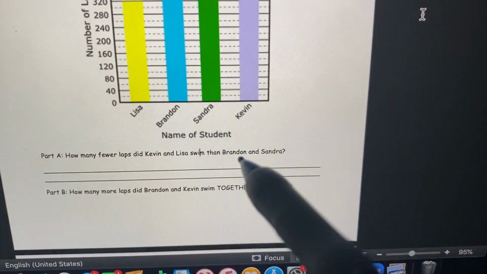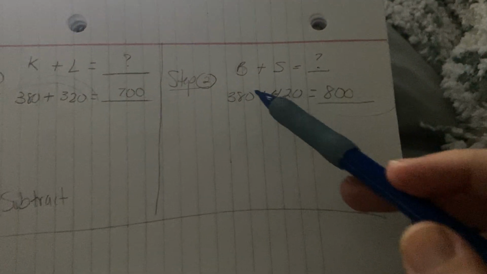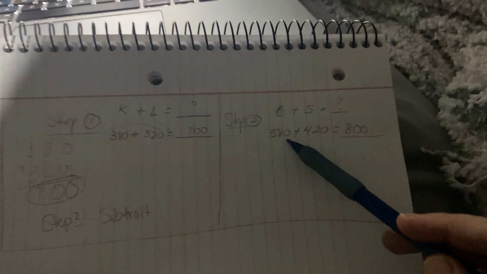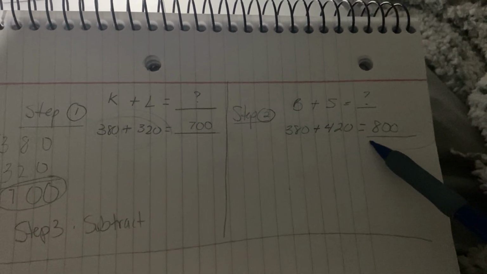So now we have to find Brandon and Sandra. Brandon, if we look here, had 380. And Sandra has 420. So when I added 380 to 420, I got 800.